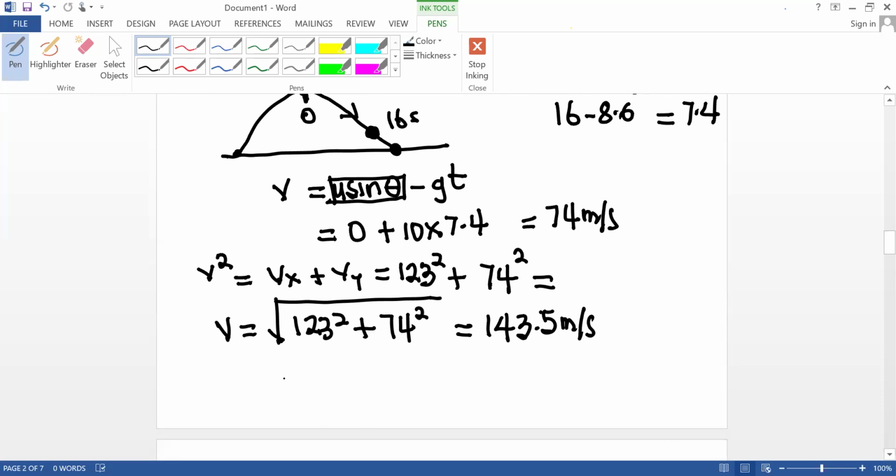Then some people also would solve it this way. Velocity after 16 seconds will still be u sine theta, which is 86, minus 10 times 16.